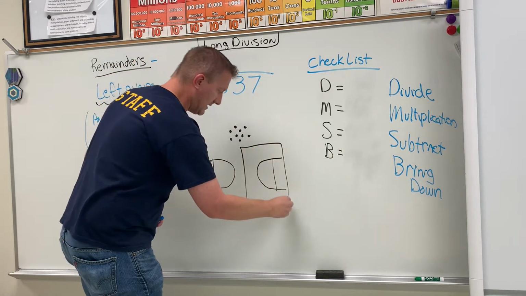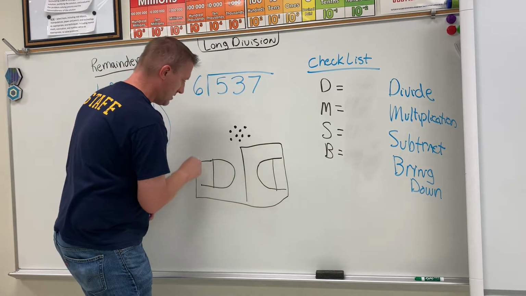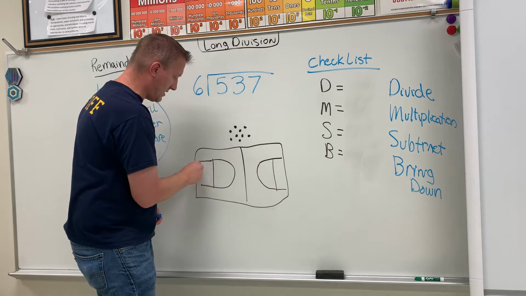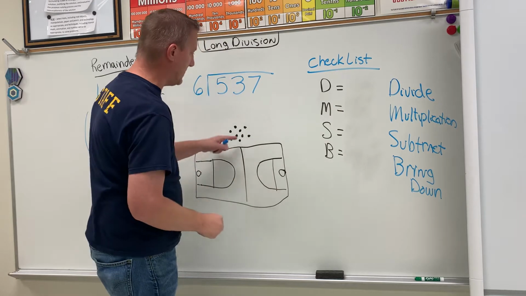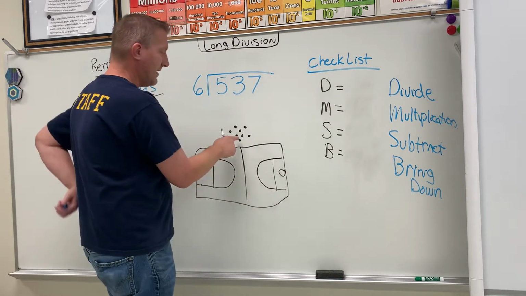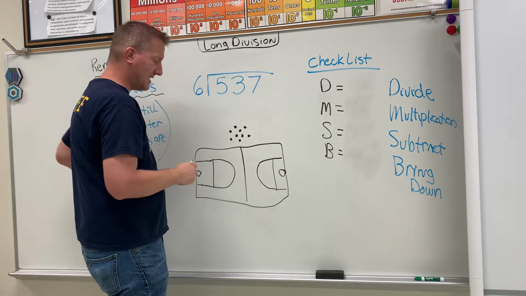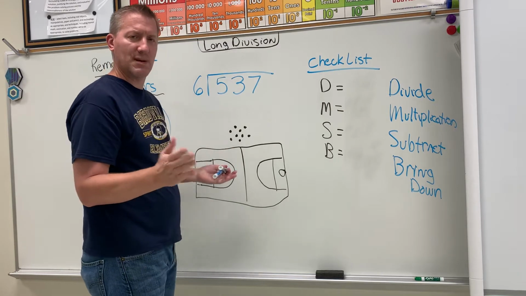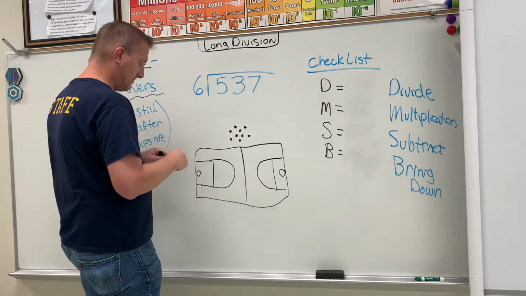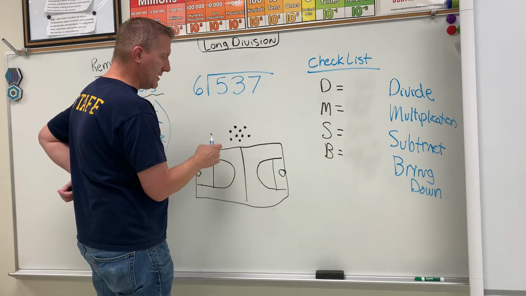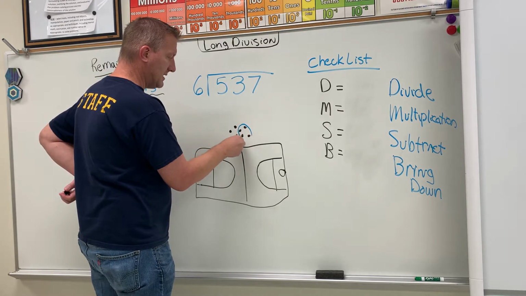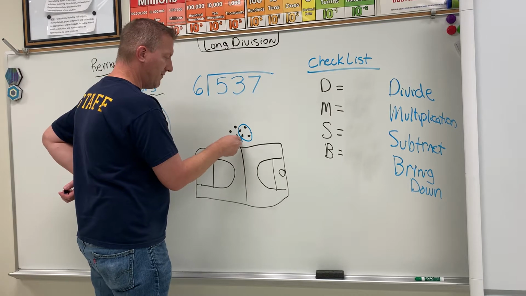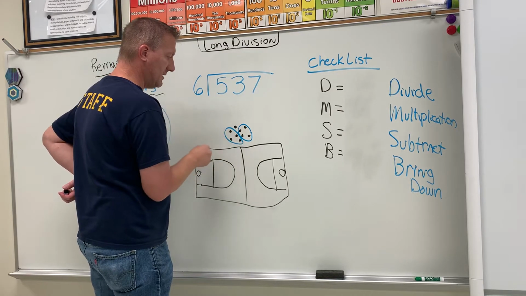They want to get on this court. Here's the basket. Here's the basket. We're going to separate them into teams. Team number 1 is going to be the blue team. So let's put 4 guys on this team, and 4 guys on this team.